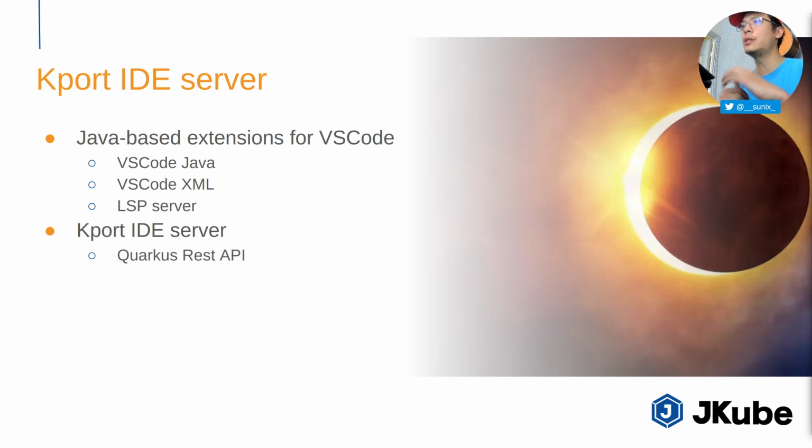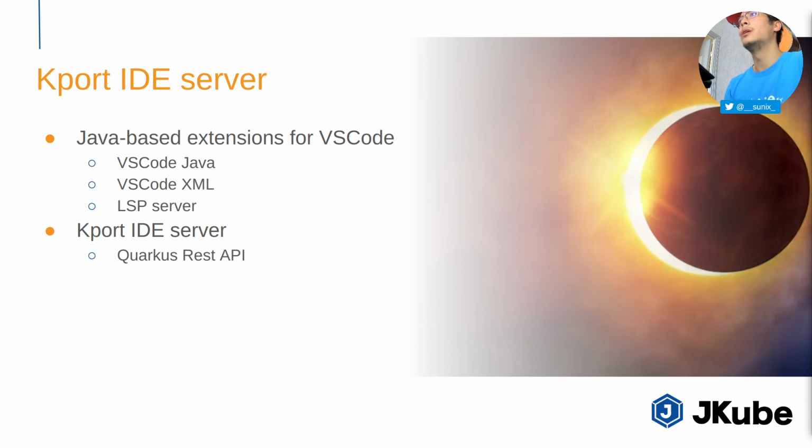And the communication is done with the JSON RPC protocol. And even better, the VS Code XML could also be used with a natively compiled version of the server, which makes the Java installation on the user workstation not mandatory.